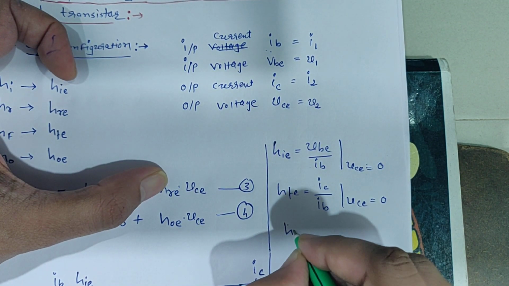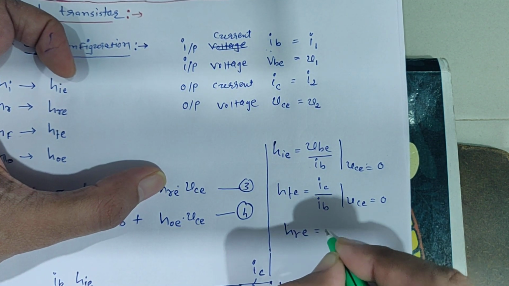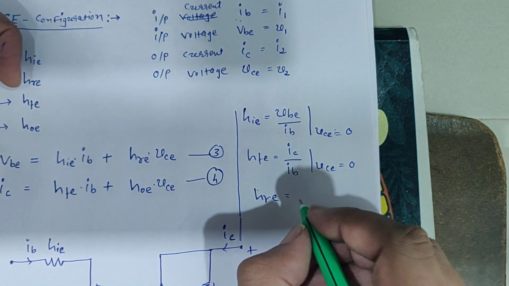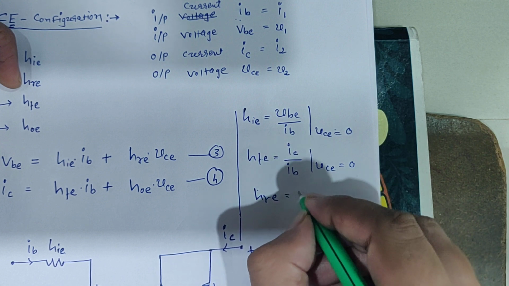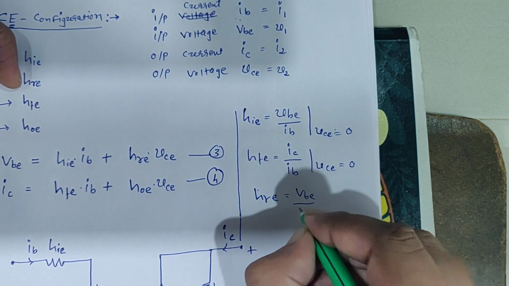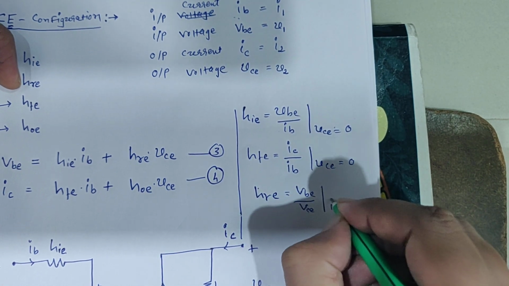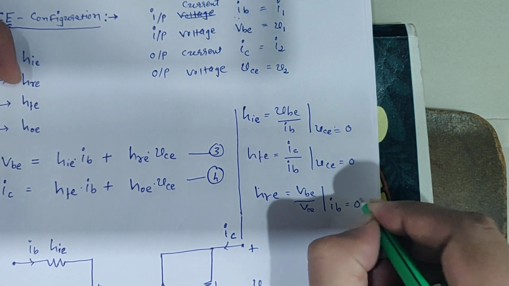For HRE, when we make IB equals 0, HRE will become VBE upon VCE, where IB equals 0.